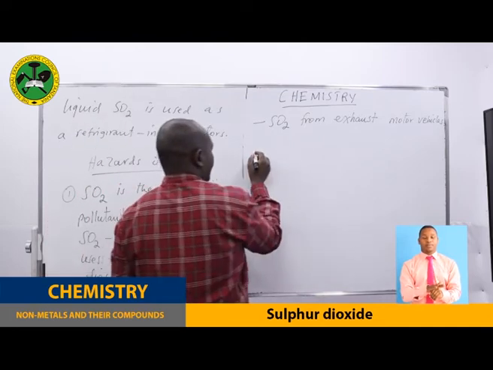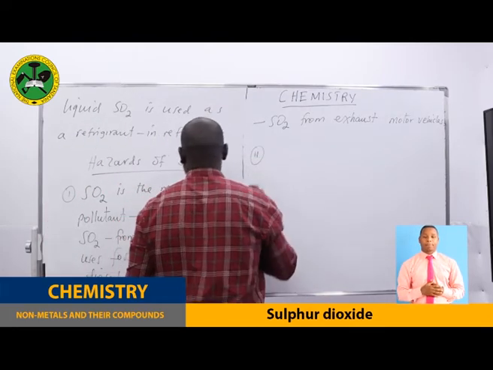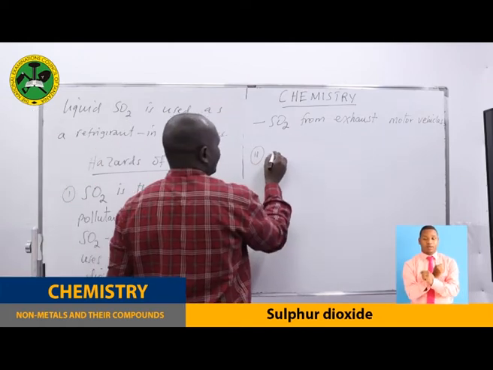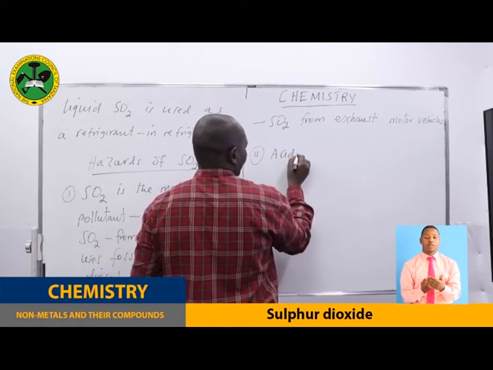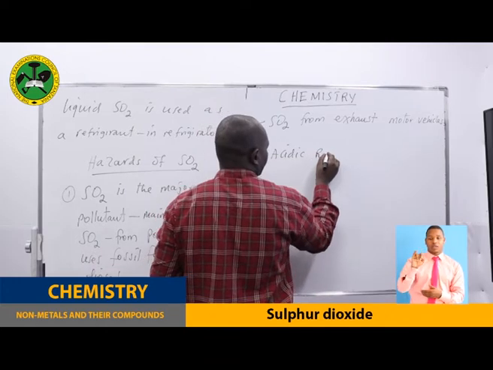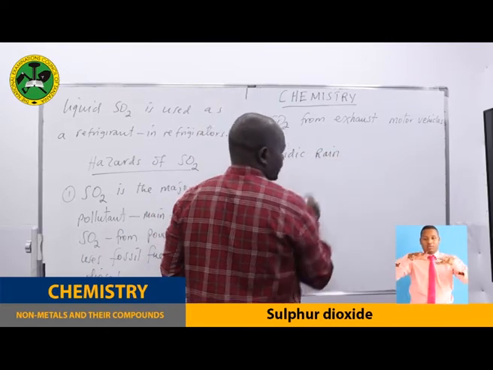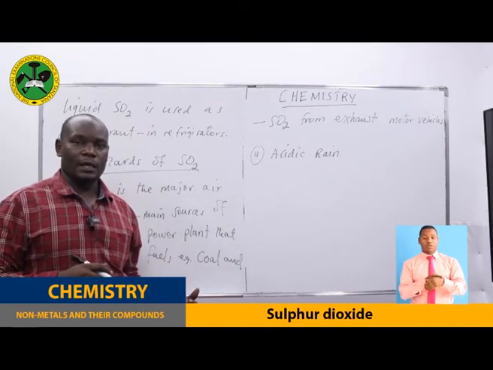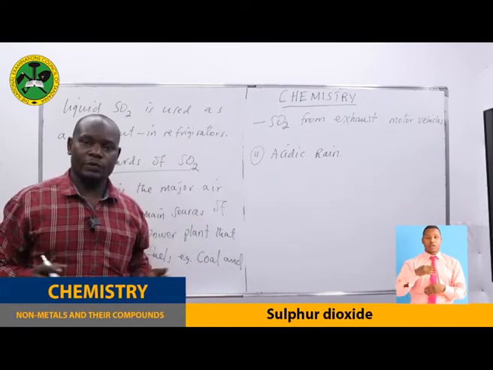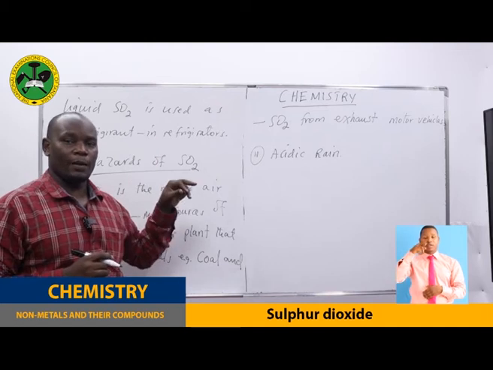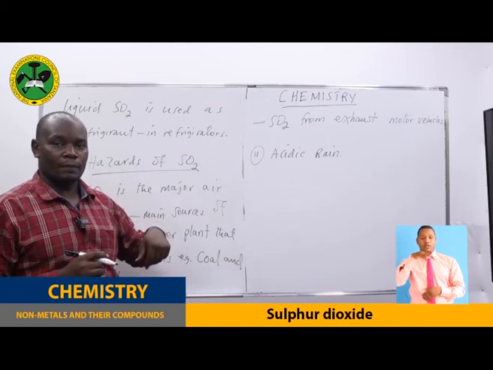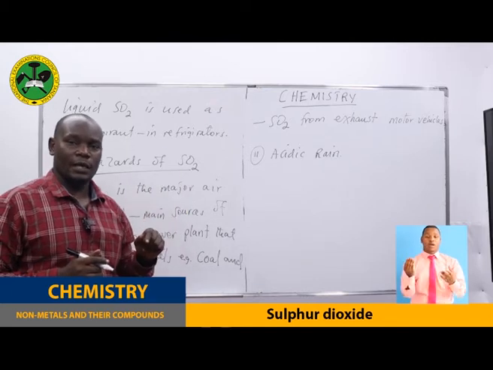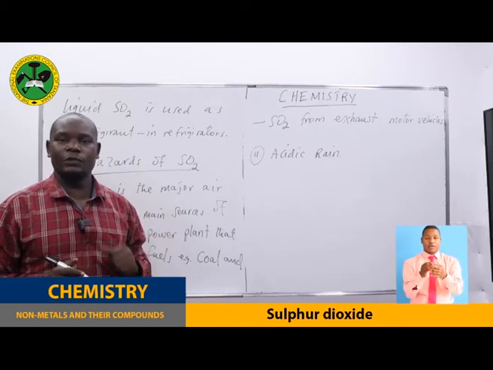Another hazard of sulfur dioxide is that it results in the formation of acidic rain. Since we know that when sulfur dioxide is released into the atmosphere, during raining the rain combines with sulfur dioxide, resulting in the formation of sulfuric acid.